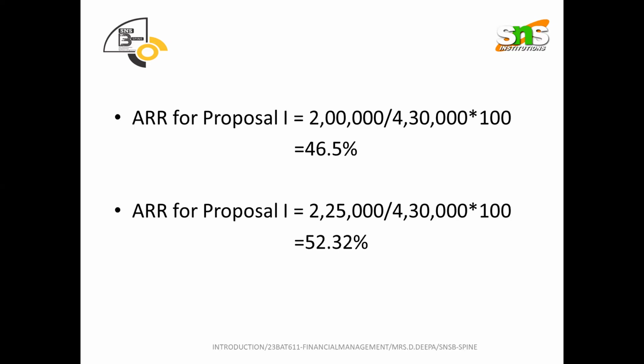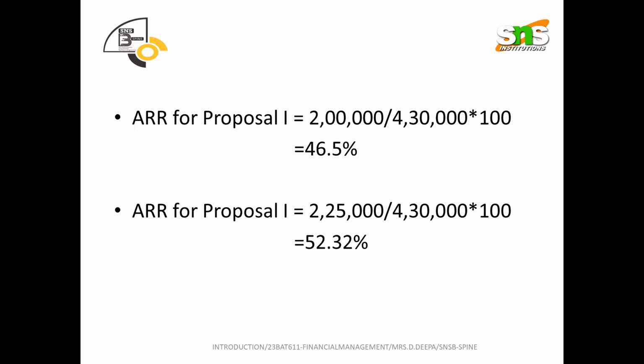We multiply by 100 to get it in terms of percentage, since the rate of return needs to be denoted in percentage form. So we get 46.5% for proposal 1 as ARR.